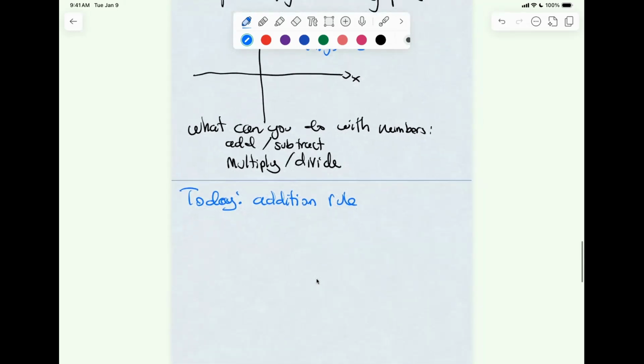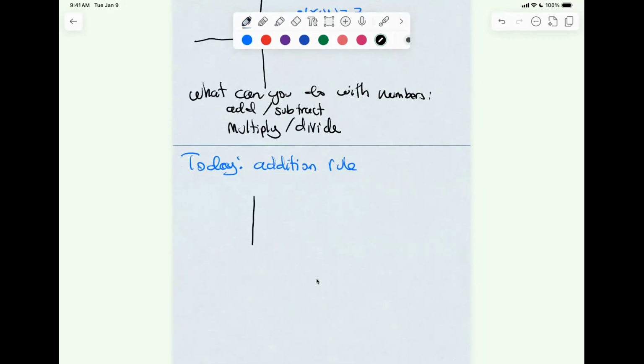So the idea is that if you have a point, a complex number, which again I'm thinking about as a point, let's call this Z1, and you have another point on the plane, which I'm going to call Z2.